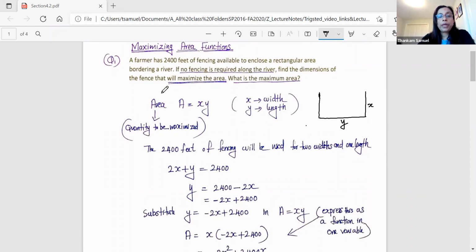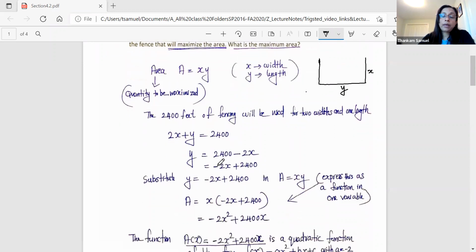In order to rewrite this area in terms of one variable, first we can solve the second equation for y. So y equals 2,400 minus 2x, or you can rewrite this as y equals minus 2x plus 2,400. Just change the order of the terms. Then substitute this instead of y in the first equation. We can call this equation the primary equation.